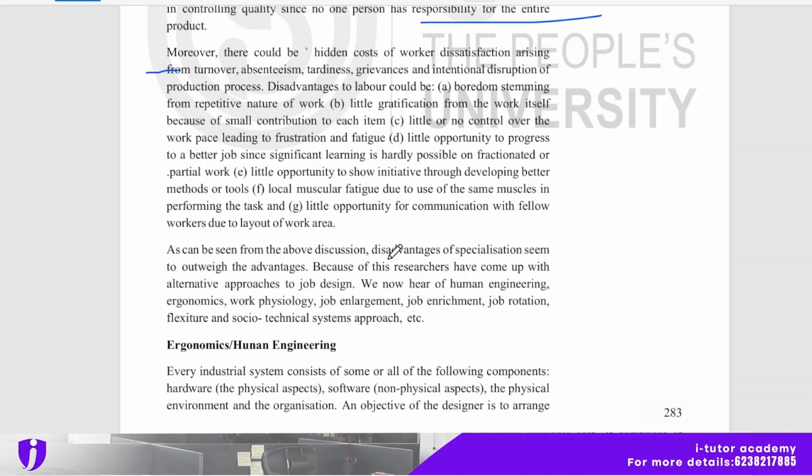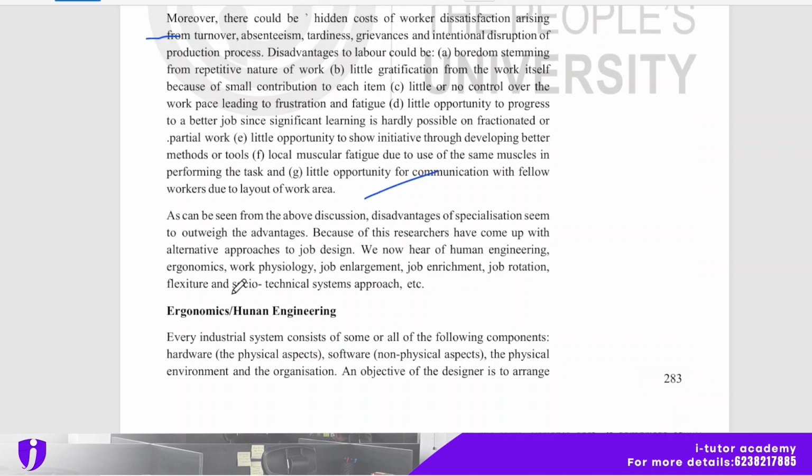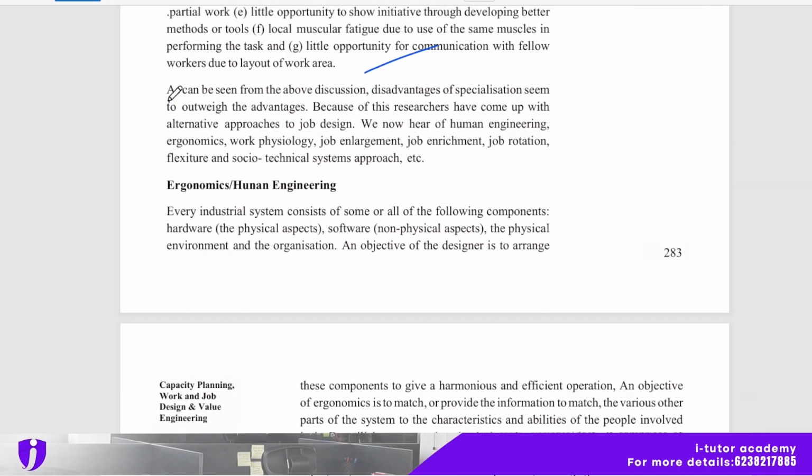use of the same muscles in performing the task, and little opportunity for communication with fellow workers due to the layout of the work area. As can be seen from the above discussion, the disadvantages of specialization seem to outweigh the advantages. Because of this, researchers have come up with alternative approaches to job design.